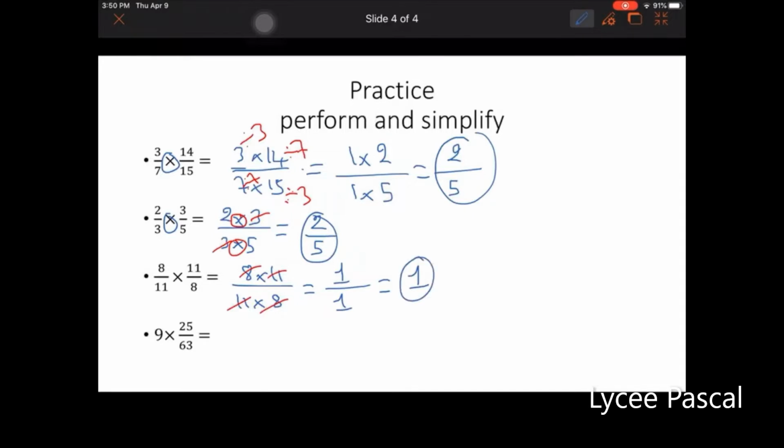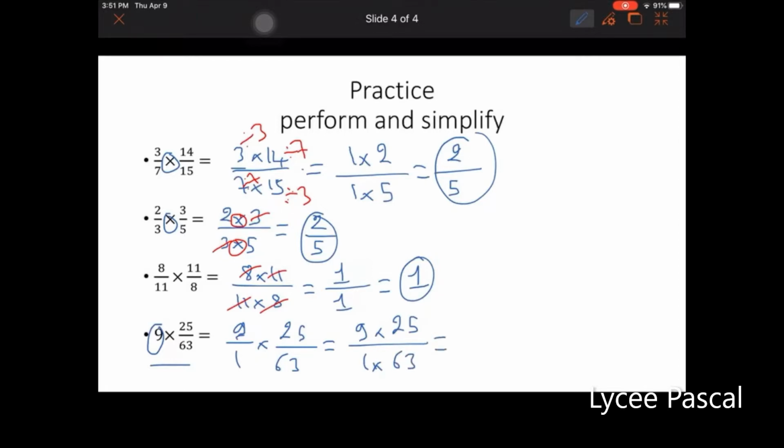Finally, this one, 9 times 25 over 63. For the first number 9, we can write it as 9 over 1. So we can write it in a fraction form, 9 over 1 times 25 over 63, right? So, as I said, we multiply the numerators and the denominators, 9 times 25 over 1 times 63.